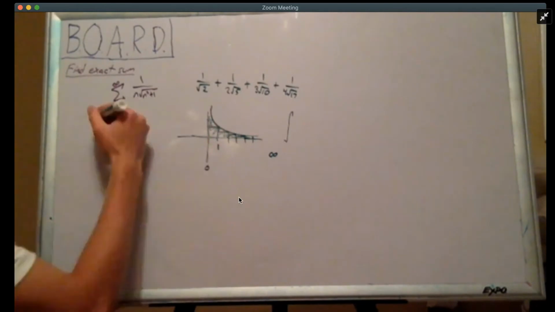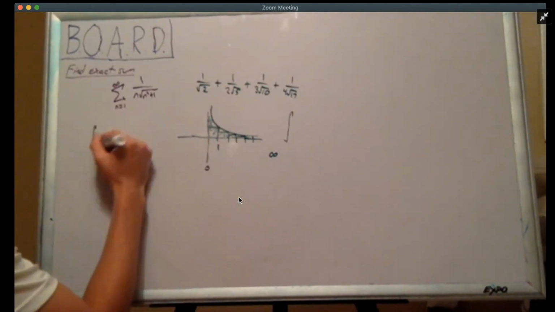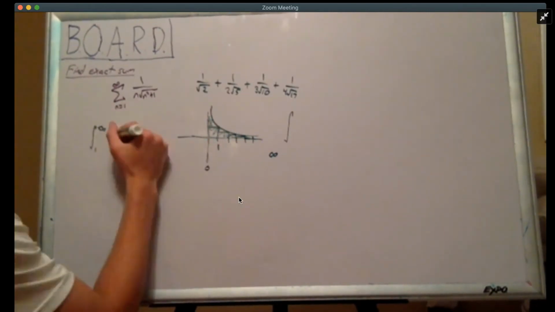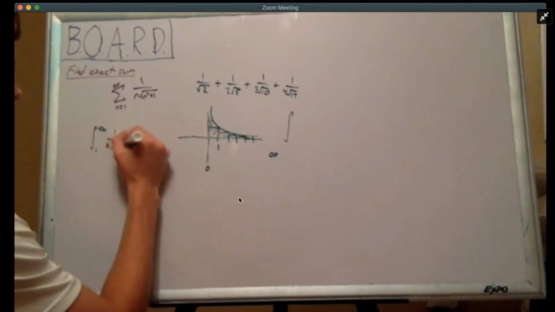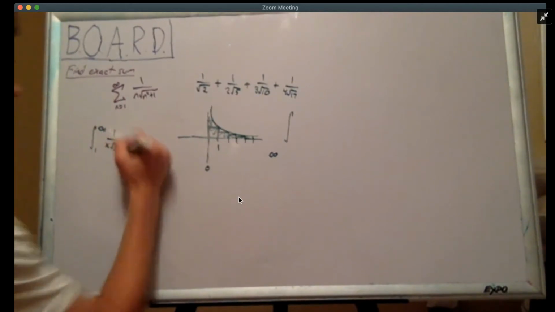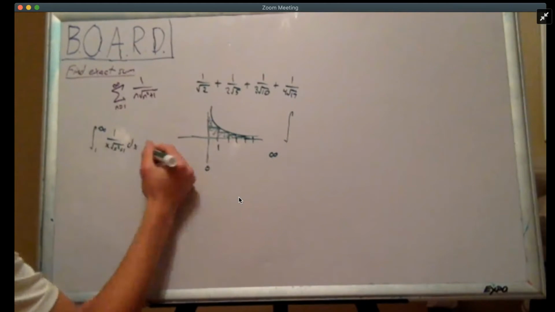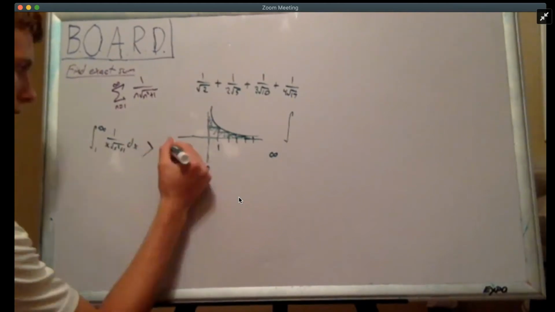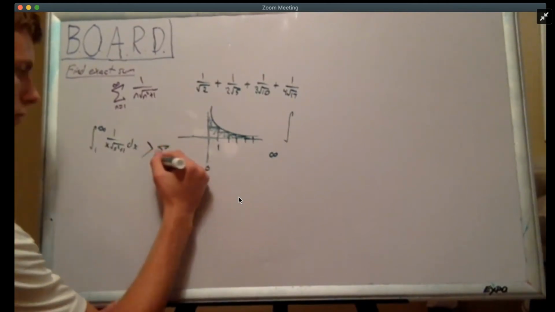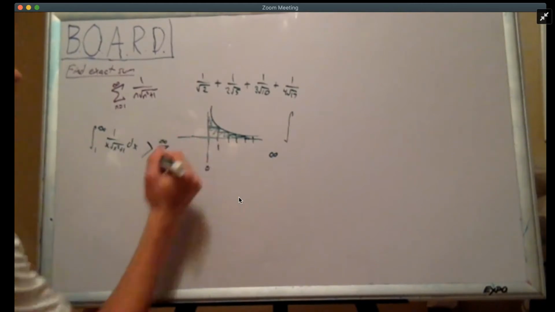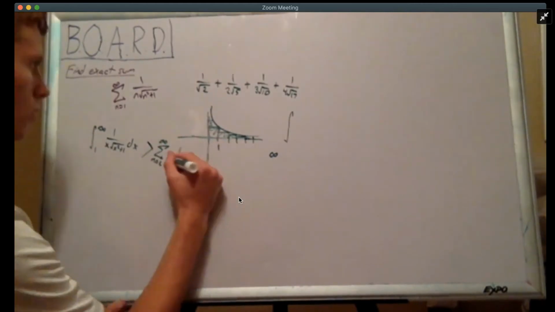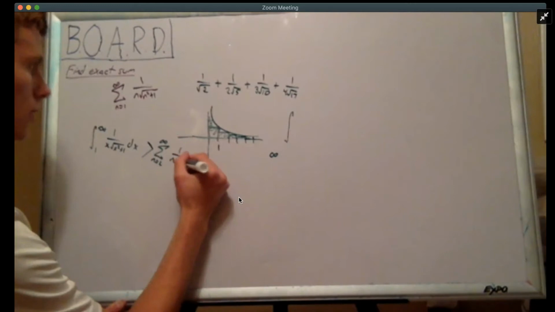So we know that the integral from 1 to infinity of 1 over x times square root of x squared plus 1 dx is greater than the sum from n equals 2 to infinity of 1 over n square root n squared plus 1.